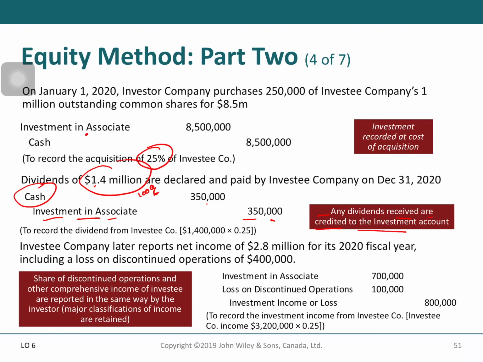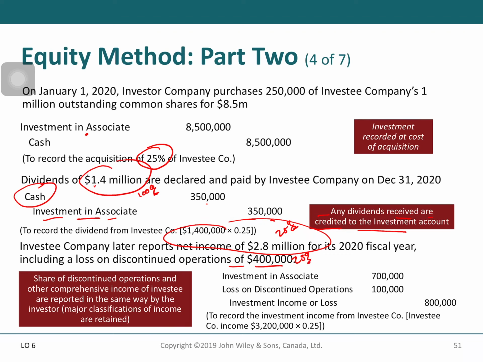Okay, we continue. Investee company later reports net income of 2.8 million for its 2020 fiscal year, including a loss on discontinued operations of 400,000. Okay, so you will claim 25% from here and 25% from this.